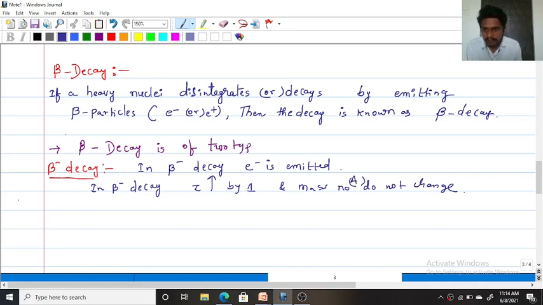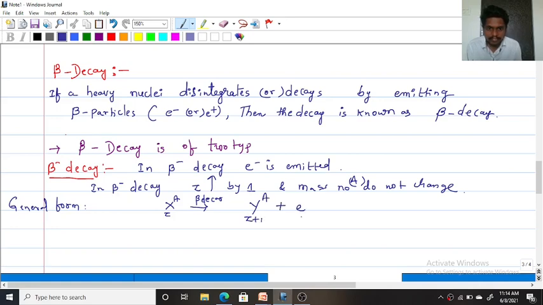So the general form of beta decay can be written as X with mass number A and atomic number Z, the parent nucleus. When it undergoes beta decay, you will get a product nucleus whose atomic number increases by 1 and mass number does not change.